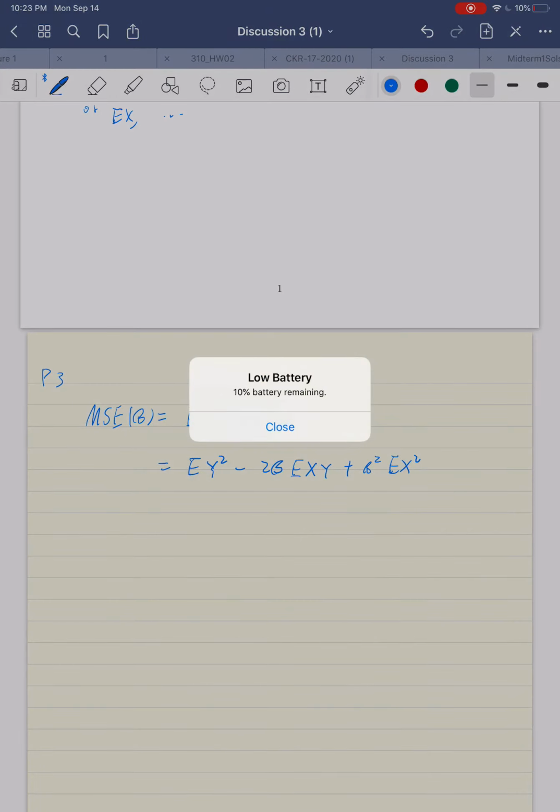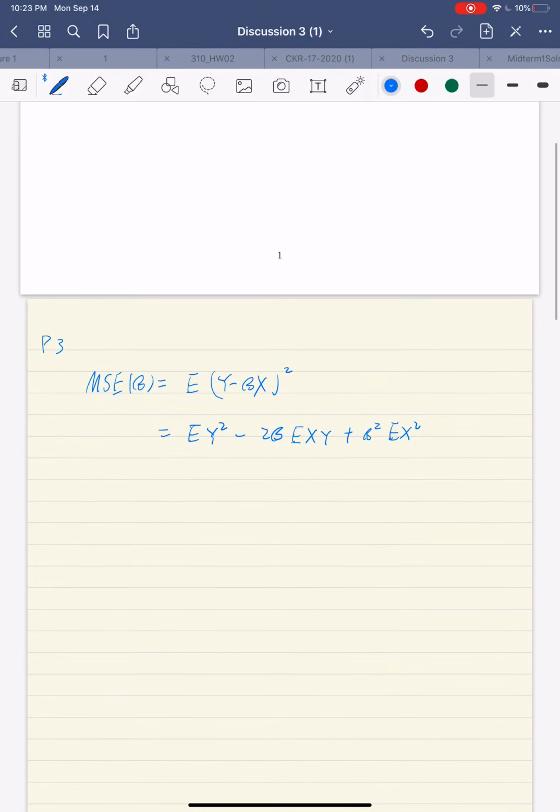So we find the derivative of the mean square error and its solution, which would be the local maximum or minimum of this function.